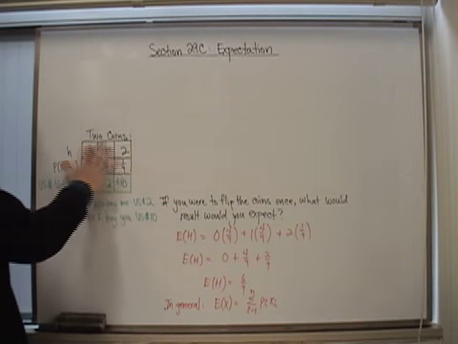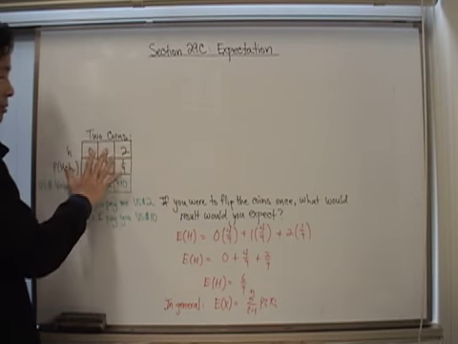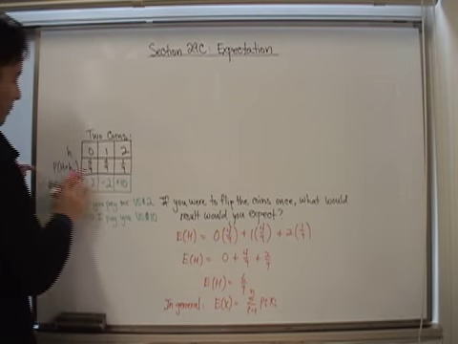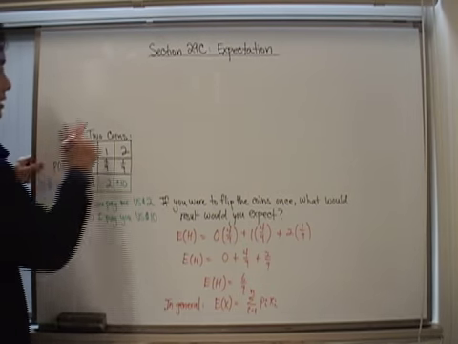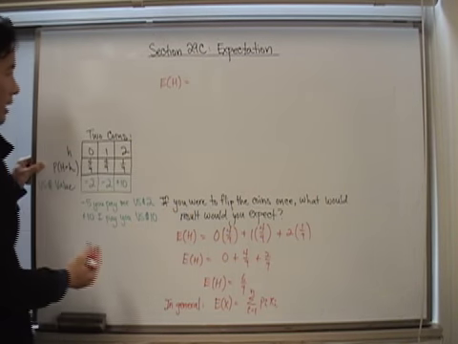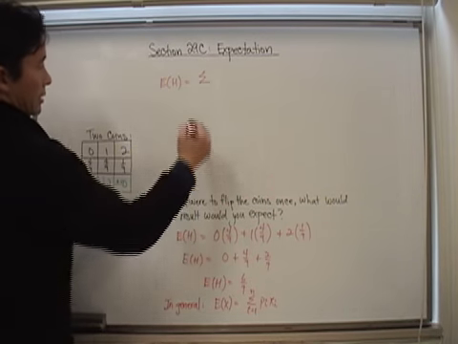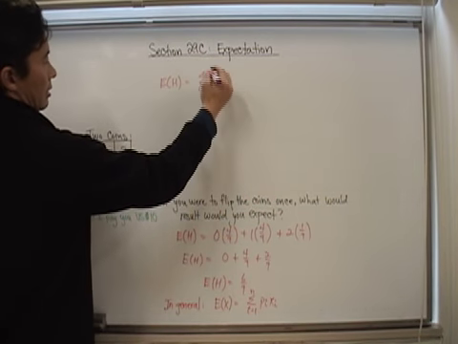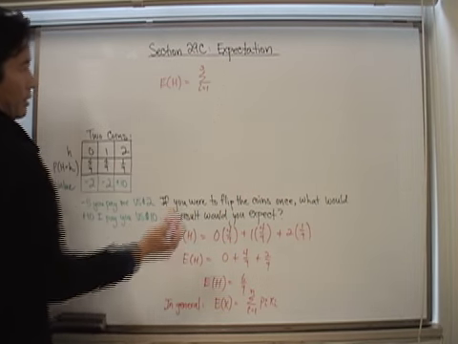So let's say, for example, that I have this particular probability distribution table. If I wanted to calculate the expectation of getting a head, it is going to be equal to the summation from i equal to 1 to 3.